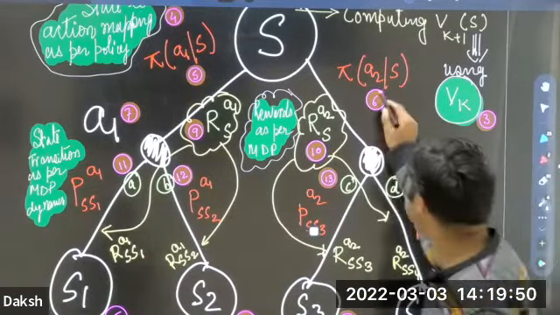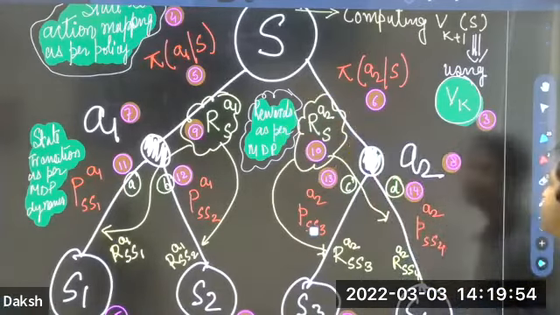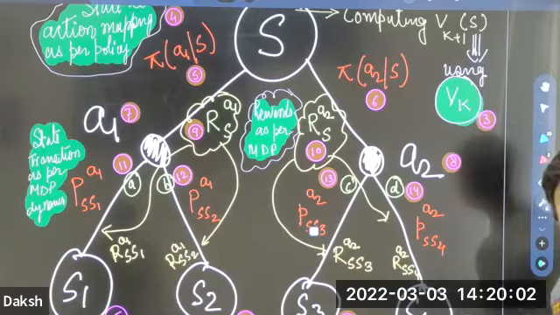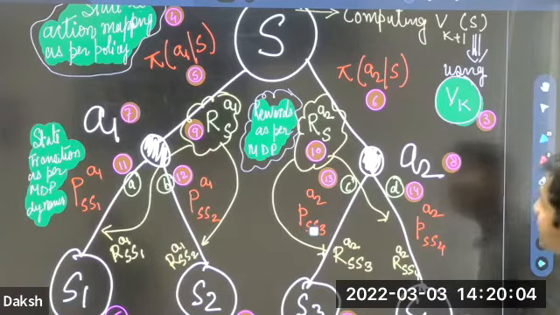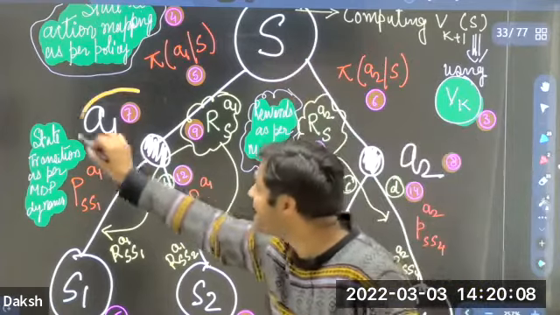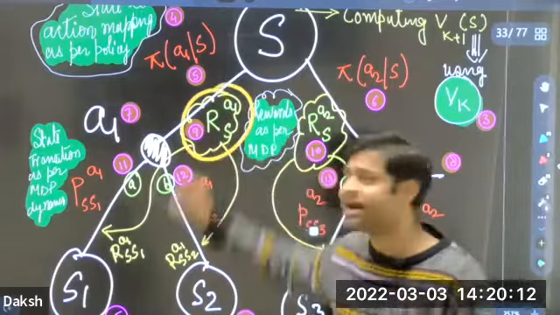If I take this action, I'm going to get a reward of this guy. R S A2, R S A1. Now, at this state, if you take this action, this reward you are going to get.